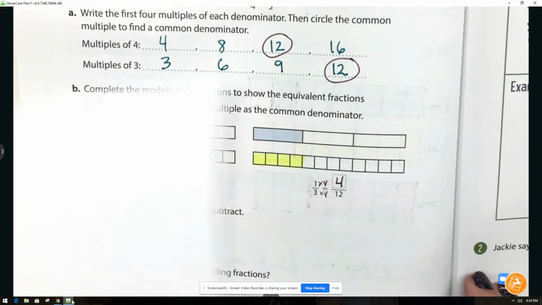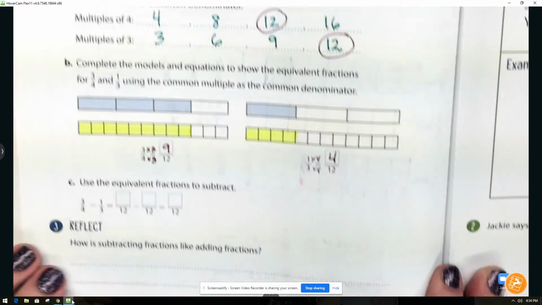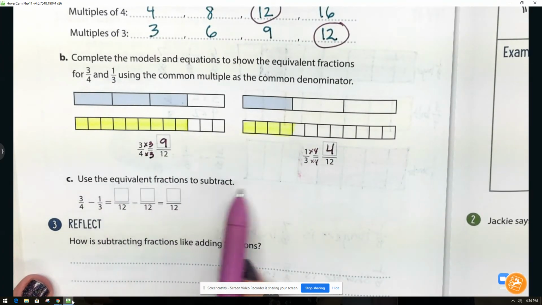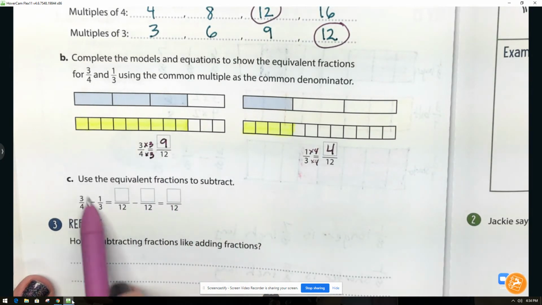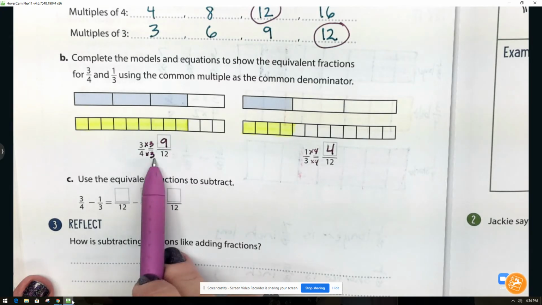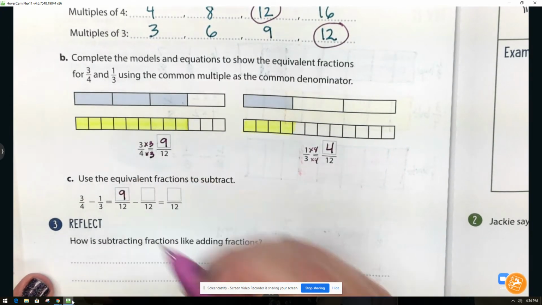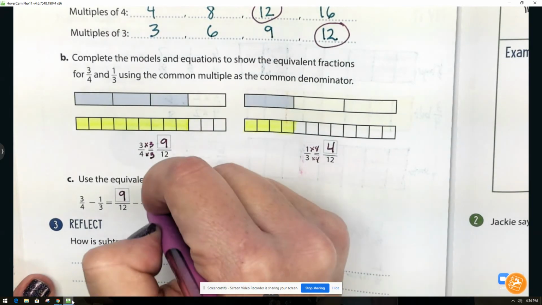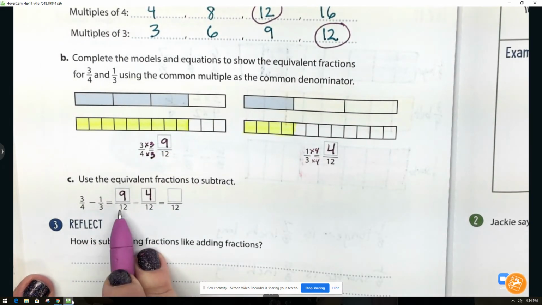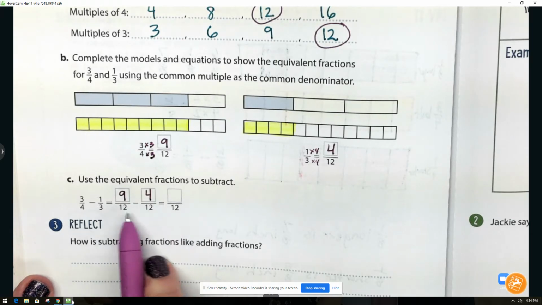Okay. Now for letter C, it says use the equivalent fractions to subtract. So now we have our new, so 3/4, we found the equivalent fraction of 9/12. And then 1/3, the equivalent fraction was 4/12. Then we can subtract. Now remember, we keep the same denominator.